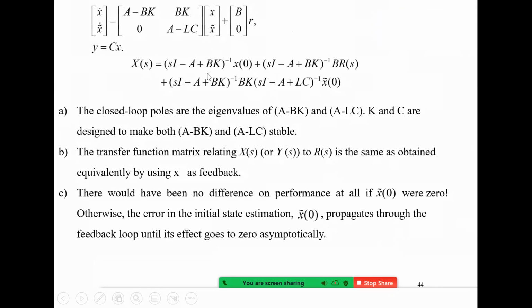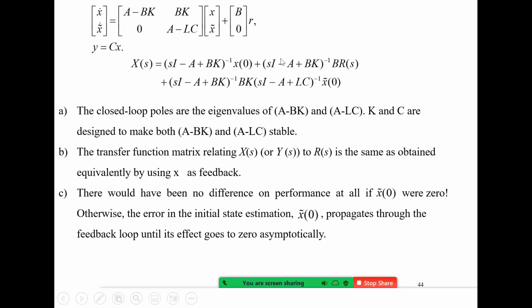Now you can see there's some extra term contributed by the estimation error here. So if there is no estimation error, those two terms correspond to the original system, where you have the state feedback, if you don't use the observer to estimate the state variable. Those two terms correspond to the solution of x with only the state feedback.